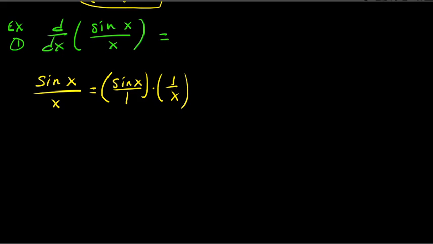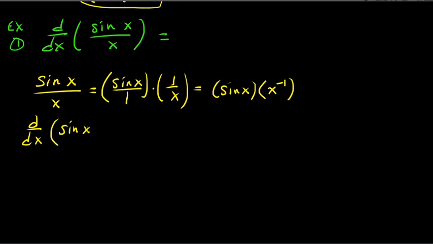Right? And before we go any further, sine x over 1 is just sine of x. And then 1 over x, well, you could write that as x to the negative 1. Okay, so now we just need to take the derivative of, I'll leave it like this, sine of x times x to the negative 1. And now use the product rule.